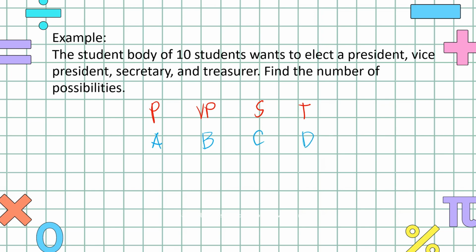That will be different if B becomes the president, A becomes the VP, D becomes the secretary, and C becomes the treasurer. My point here is that in this case, order matters. So it's a big factor in order for us to decide whether it is a permutation or combination problem. And since order matters, it is a permutation problem.